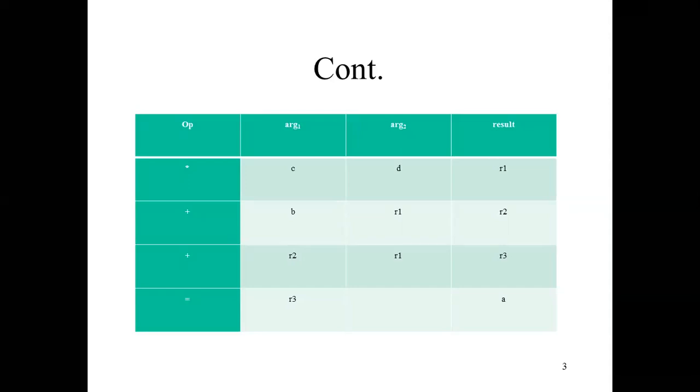So why are we going to use three address code? Why are we using intermediate code generation? Because we want to improve the speed of the compiler, or we can say implement an efficient compiler. So as a result, we use intermediate code generation.